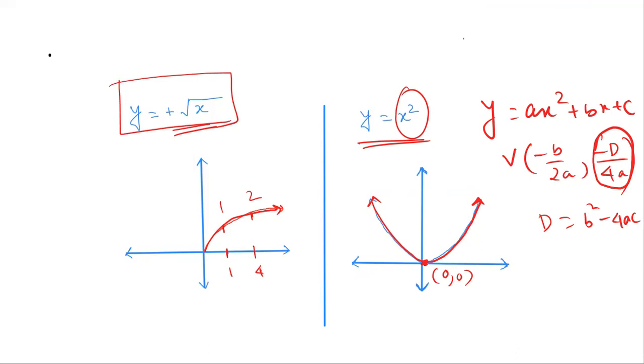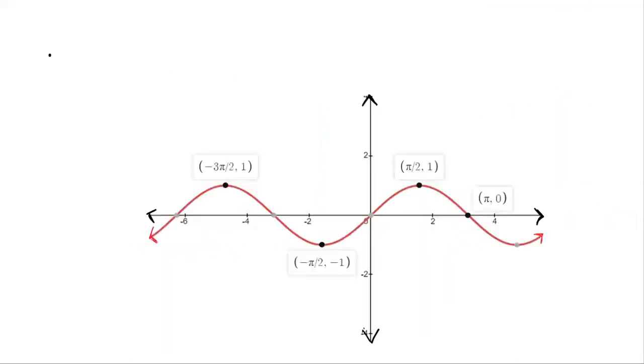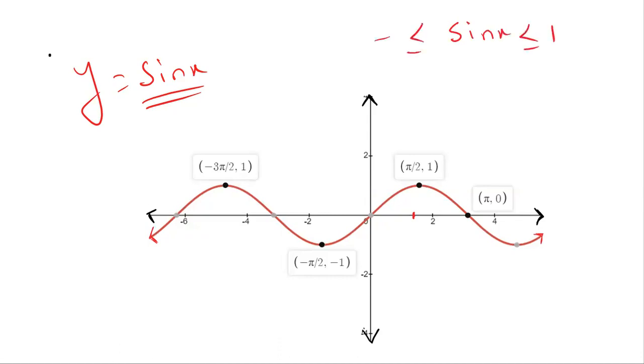Okay, now we'll go to some basic trigonometric functions and their graphs. This is the y equal to sin x graph. The sin x graph will take maximum as 1, because sin x always lies between 1 and -1.